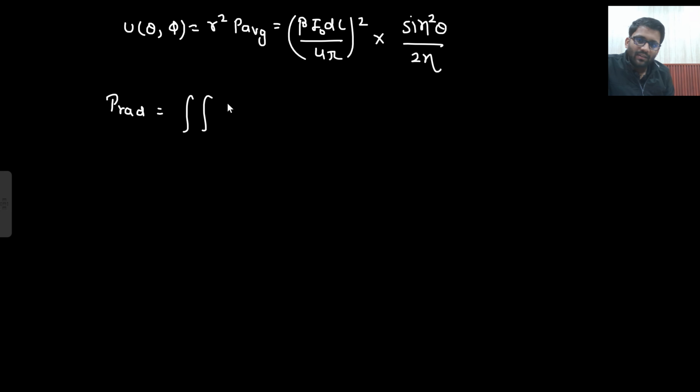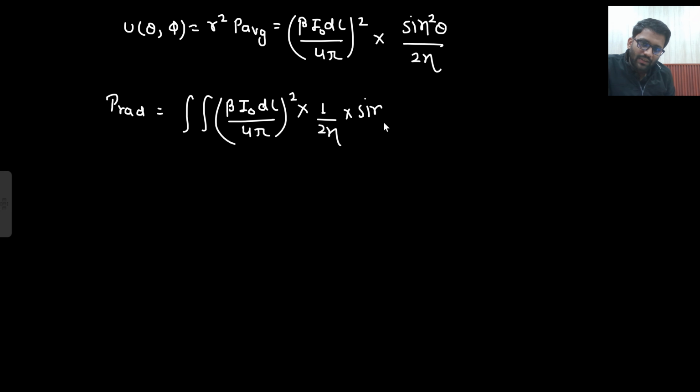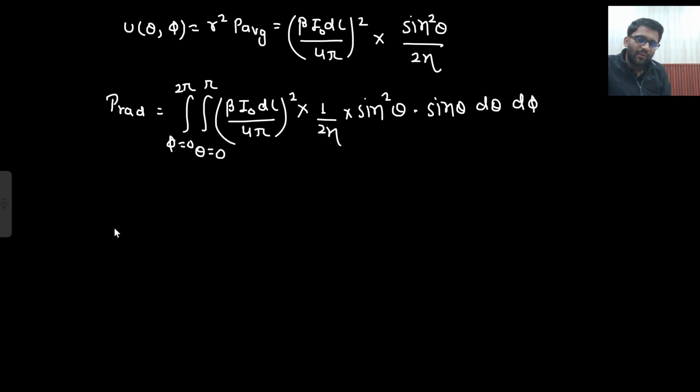U(theta, phi) is beta I naught dl upon 4 pi whole square into 1 by 2 eta into sin square theta, integrated with sin theta d theta d phi. Limit of theta is going from 0 to pi, and limit of phi is going from 0 to 2 pi. Are you getting this point?